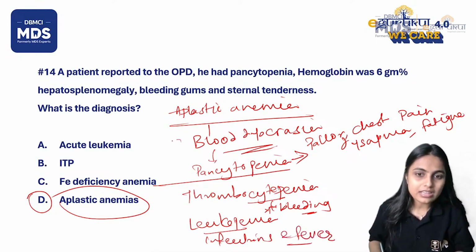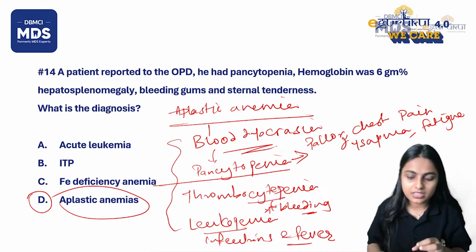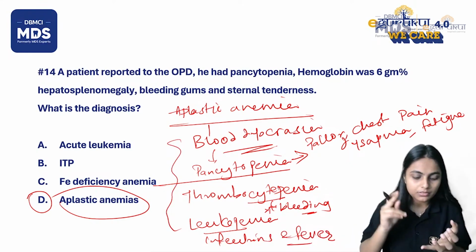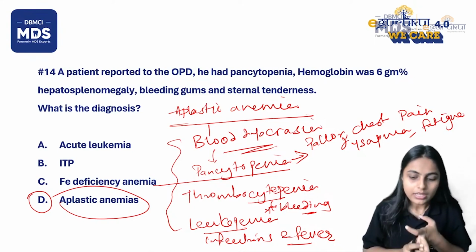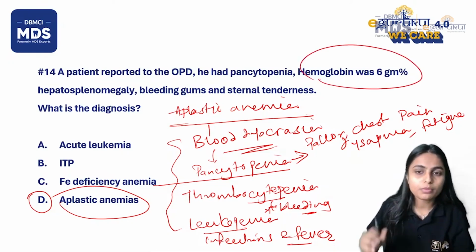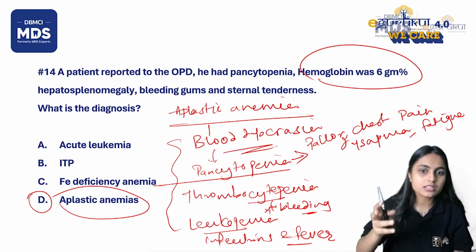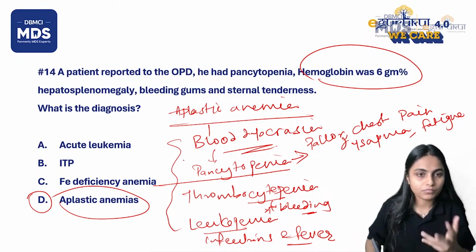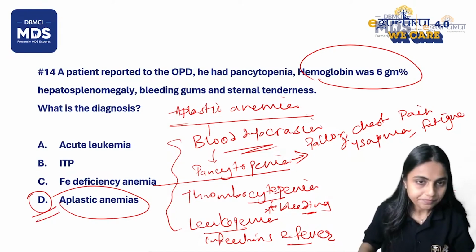So these are the clinical manifestations due to thrombocytopenia, leukopenia, and pancytopenia, and hemoglobin is also decreased in aplastic anemia. So our answer in this question is option D, aplastic anemia.